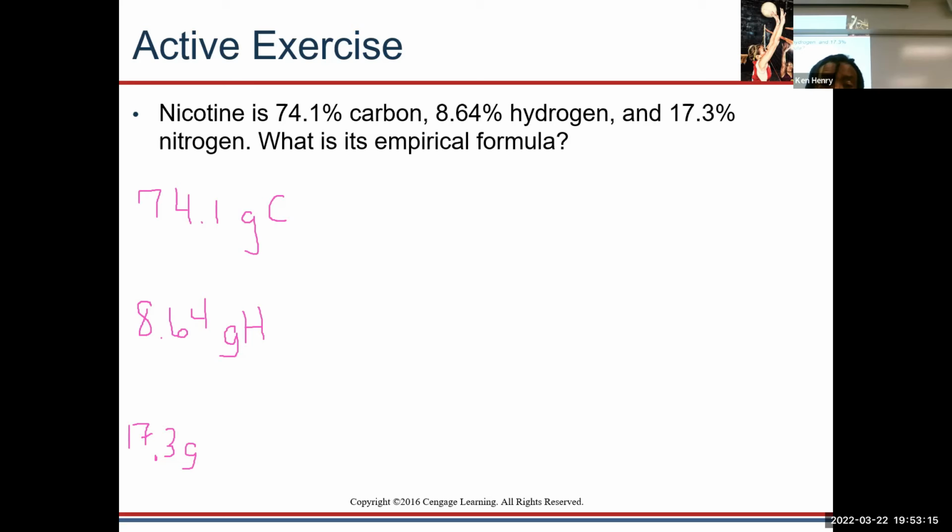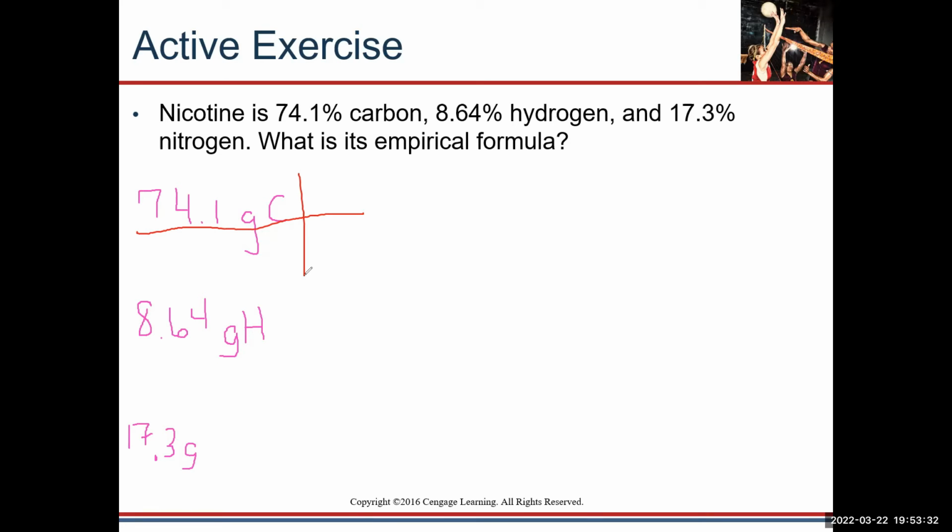So how do I determine the number of moles? Because I have to get to the number of moles if I'm going to determine the empirical formula. The mass.